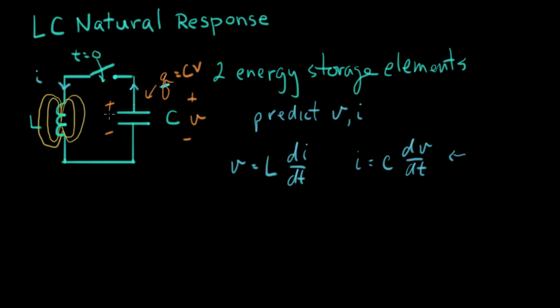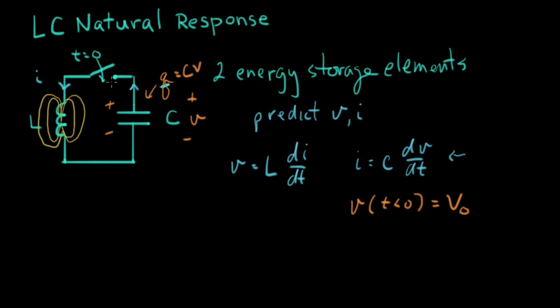Before the switch closes, we're going to put some charge on this capacitor. There's going to be a voltage on the capacitor. The capacitor will have a voltage of V naught, so that means that V of time less than 0 equals V naught.